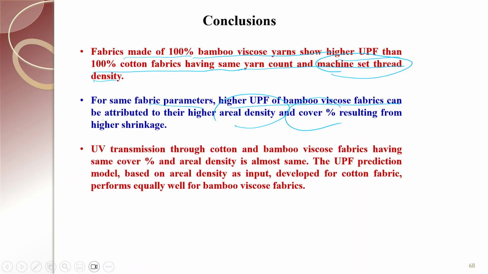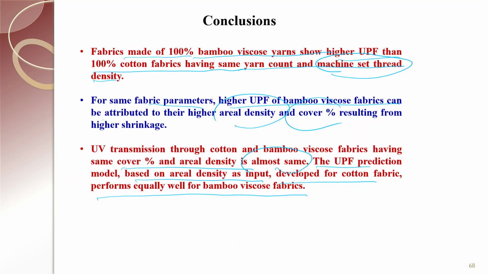UV transmission through cotton and bamboo viscose fabrics having the same cover factor and same areal density is almost the same over a wide range of wavelengths. The UPF prediction model based on areal density as input, developed for cotton fabric, performs equally well for bamboo viscose fiber.